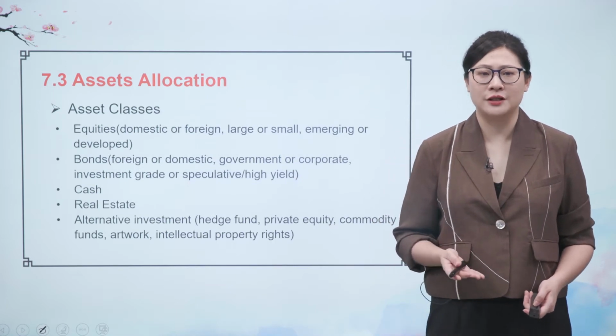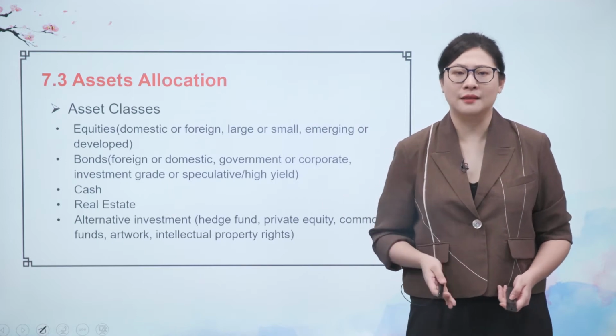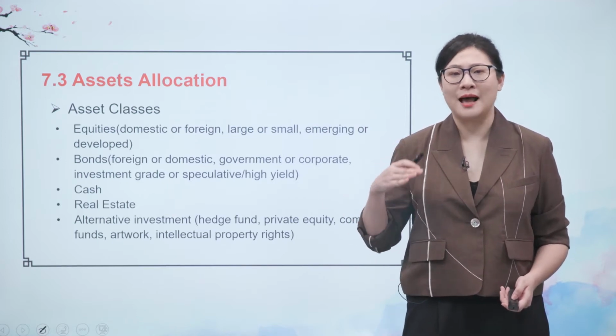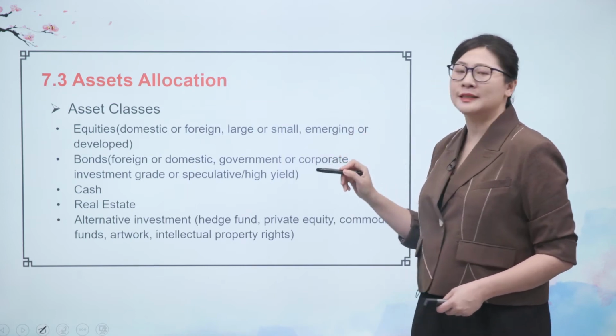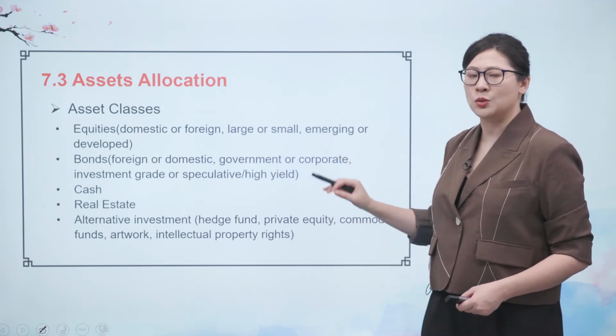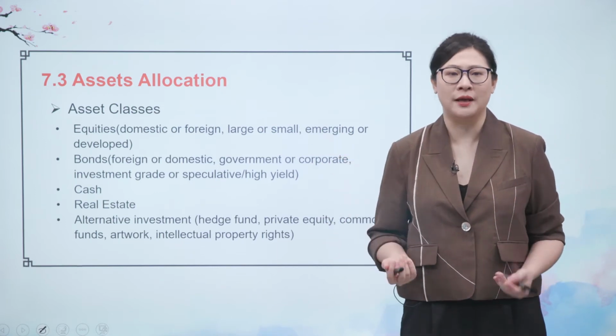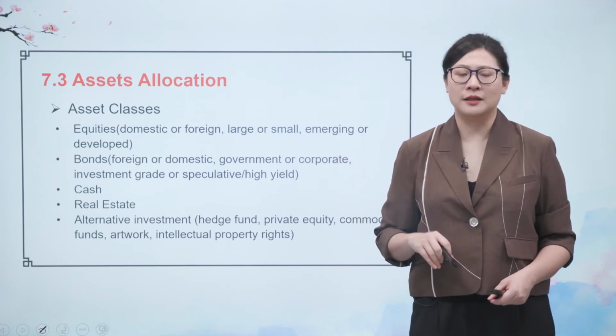Now let's have a look. The first part is asset classes. We have different asset classes. For asset allocation, as a mutual fund manager, you need to decide which kind of asset class you want to invest how much money in. The first one is equity.